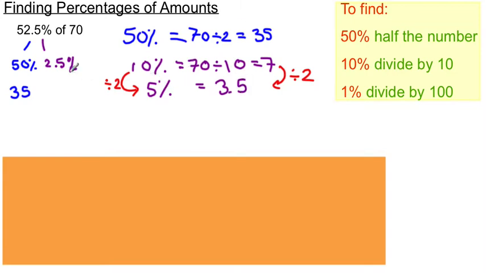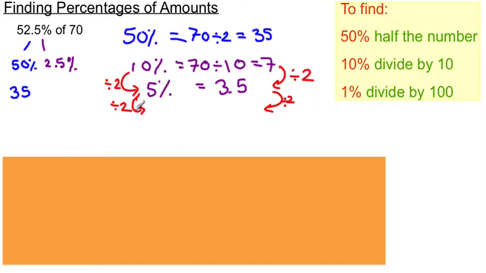Now again, to get to the 2.5%, what I can then do is halve this 5%. So I'm going to divide the 5% by 2, and then I'm going to divide the 3.5 by 2 as well. So we're dividing on both sides.